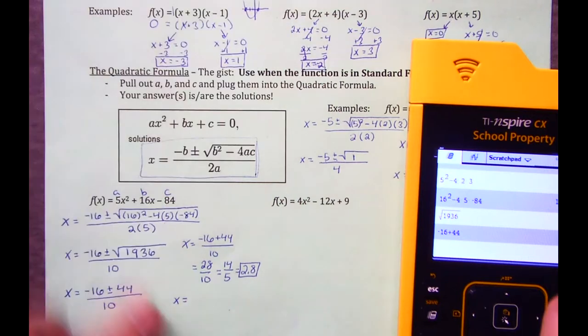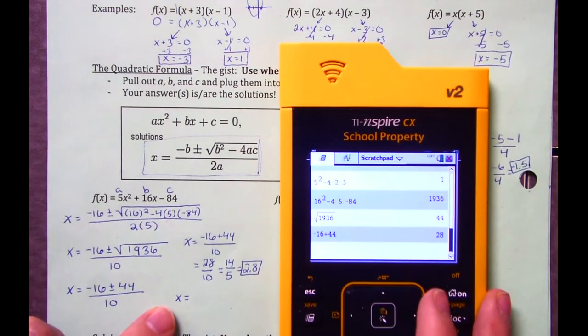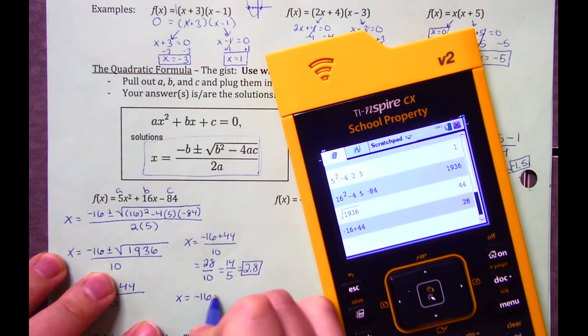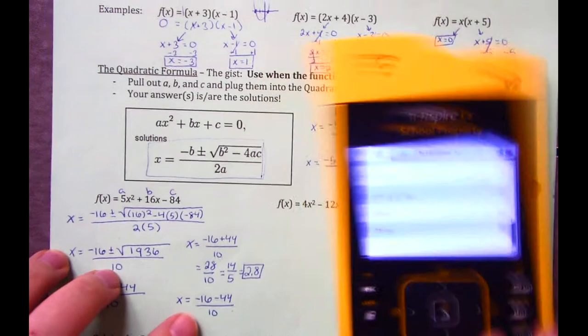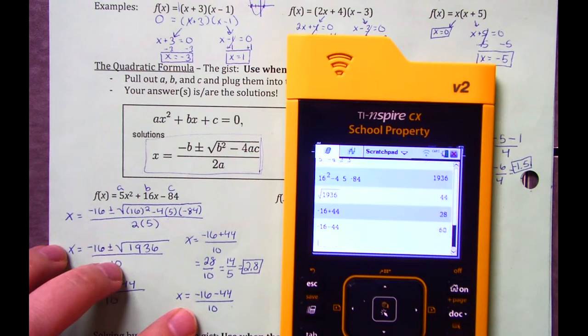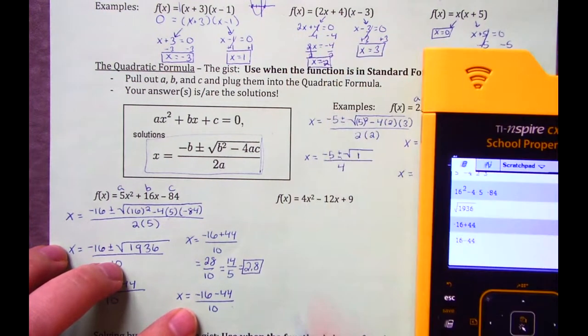And the other one is x equals negative 16 minus 44 over 10. So we have negative 16 minus 44 is negative 60 over 10, which reduces to negative 6.